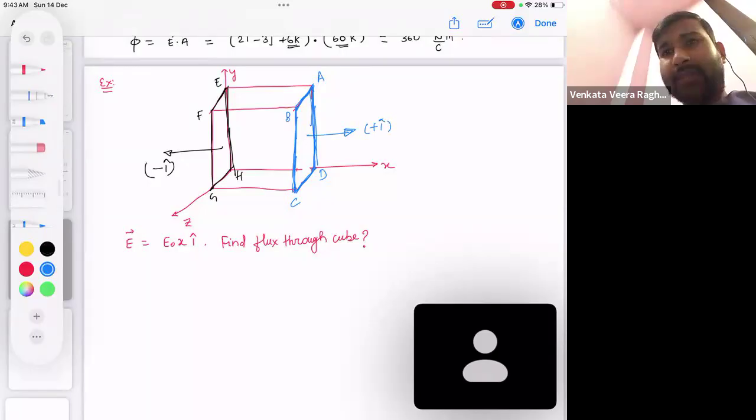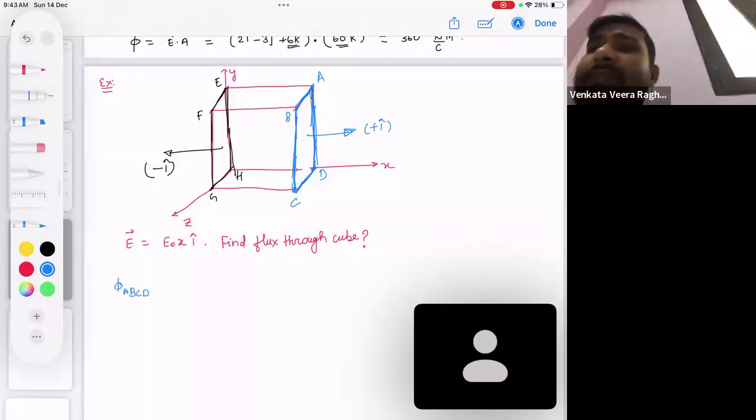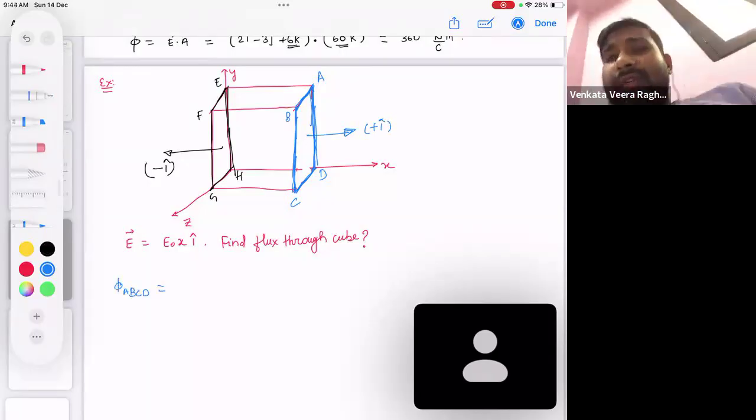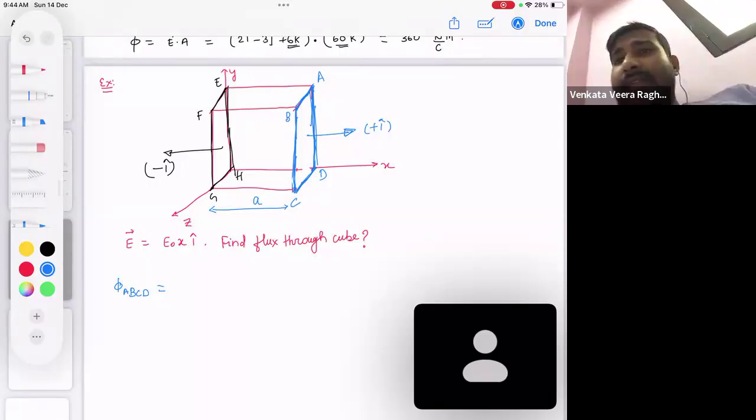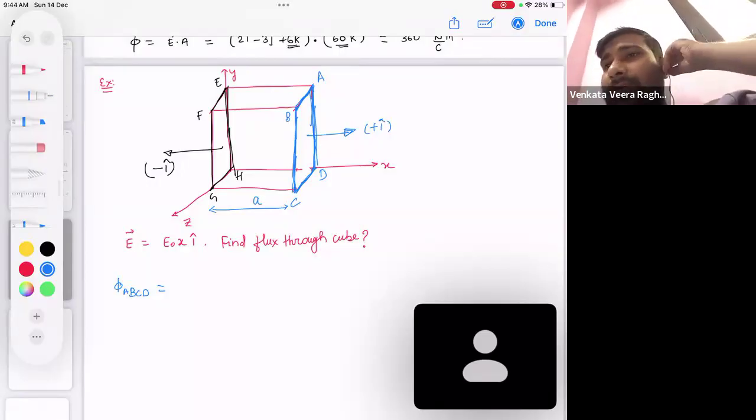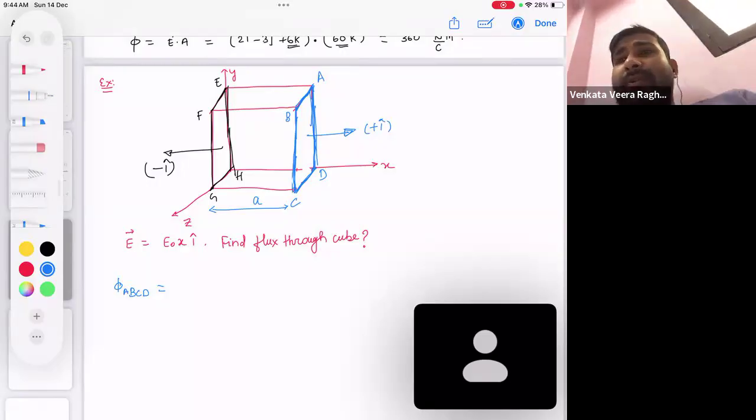The flux through ABCD, if I calculate it, what is the electric field at this face? When I reach this face, is the x value at that point equal to a?